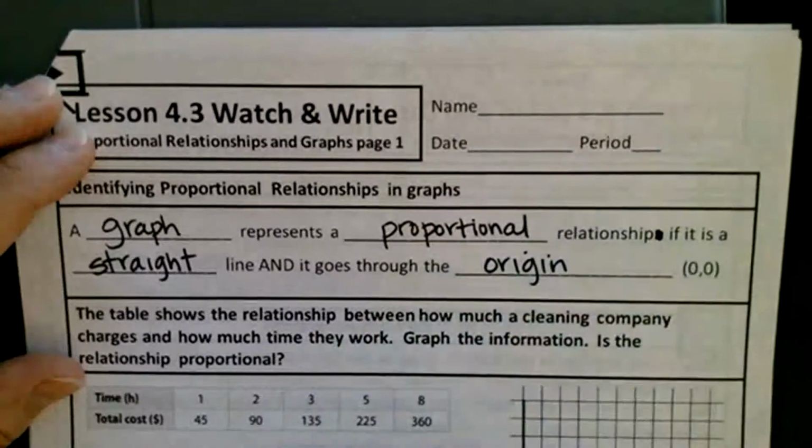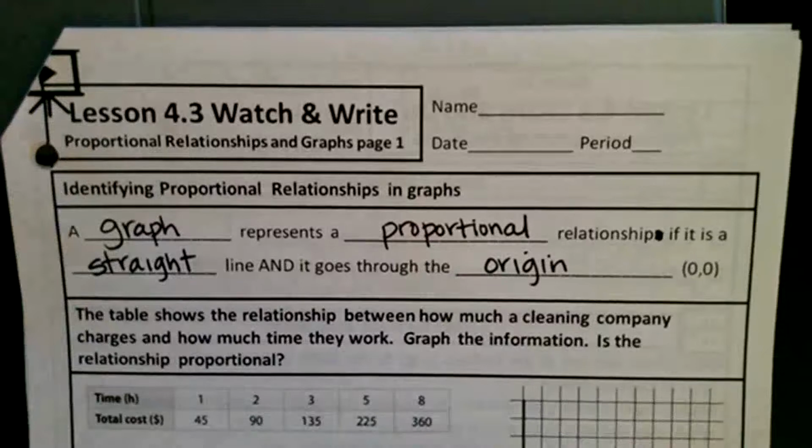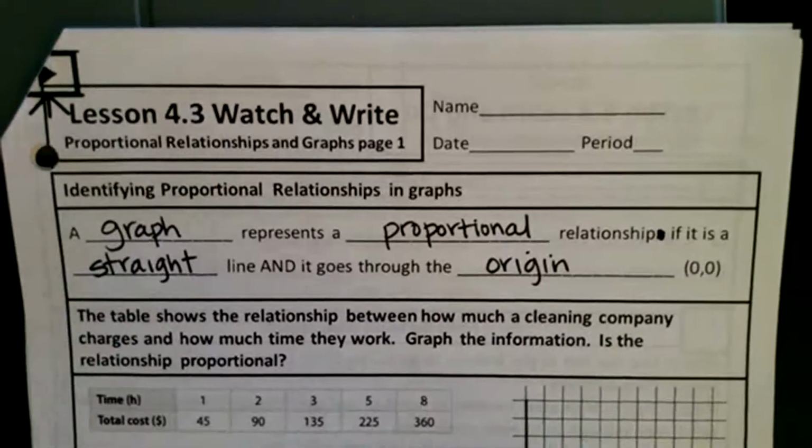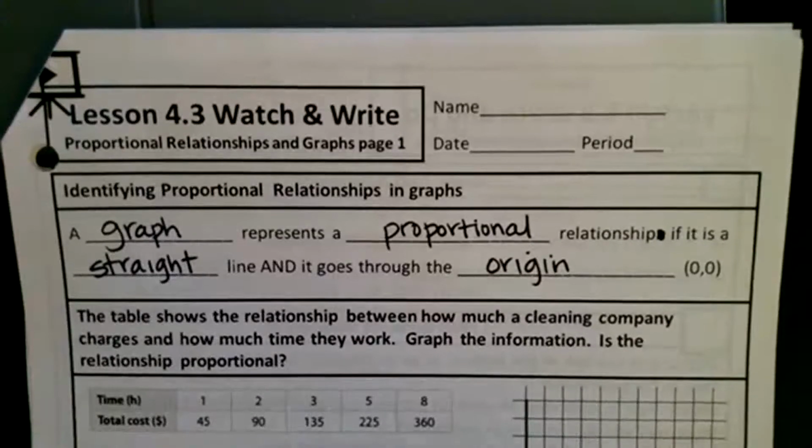So the origin is (0, 0) on a coordinate plane. Okay, so what does that actually mean? If we graph some points on a coordinate plane and we get a straight line that passes through (0, 0), then we have a proportional relationship.